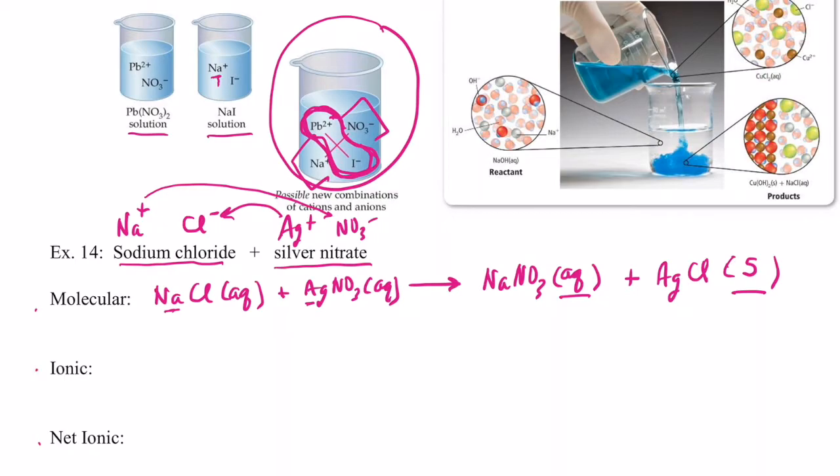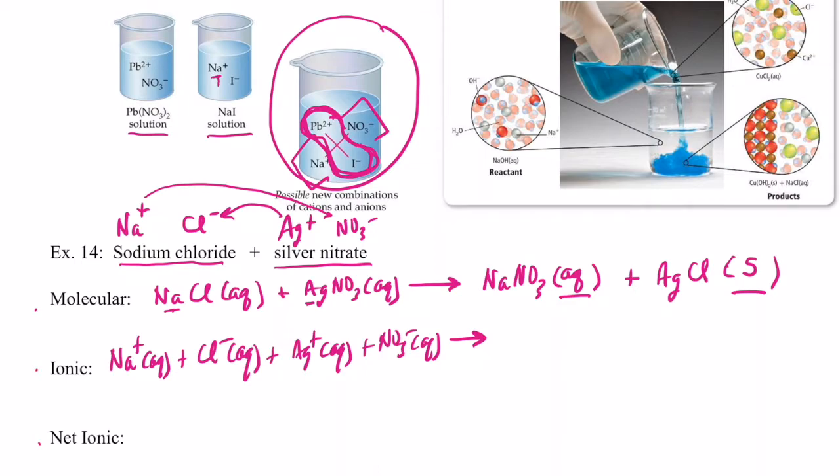So let's write this ionically, as they really are inside my beakers. So sodium, Na+, will be surrounded by water molecules, and so will the Cl−. Silver ions will be surrounded by water, and so will the nitrates. On the product side, sodium nitrate is aq, so that means the sodium ions and the nitrate ions will be surrounded by water, but AgCl has an s after it.